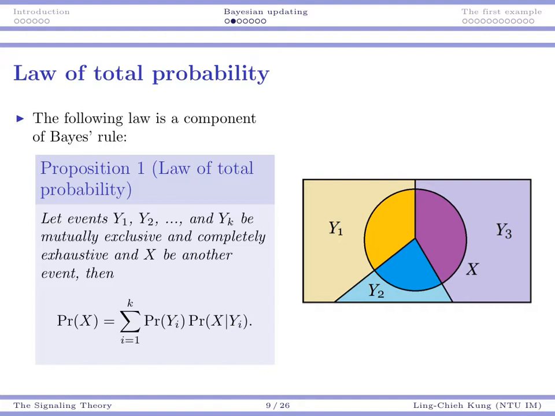So first y1 happens. When y1 happens, what's the probability for x to happen? Plus first y2 happens, and then given that y2 has happened, what's the probability for x to happen, and so on and so on. Summing up all of them is going to give us the whole picture of x. Okay, just one theorem.